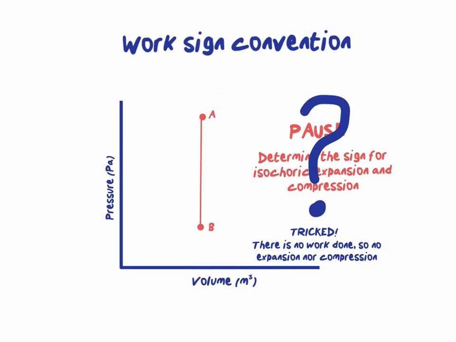Secondly, it doesn't even make sense to say expansion or compression because the volume is not changing. In other words, in both cases for an isochoric process, whether the arrow is pointing up or down on this function, that is a zero amount of work done. Now there is still something going on here as we're going to look at, but there is no work being done, and that's important to remember.